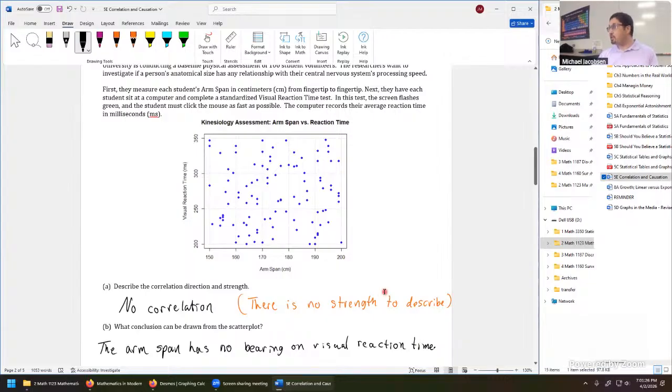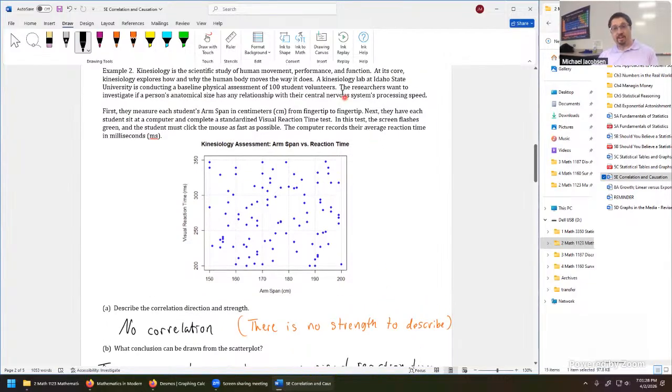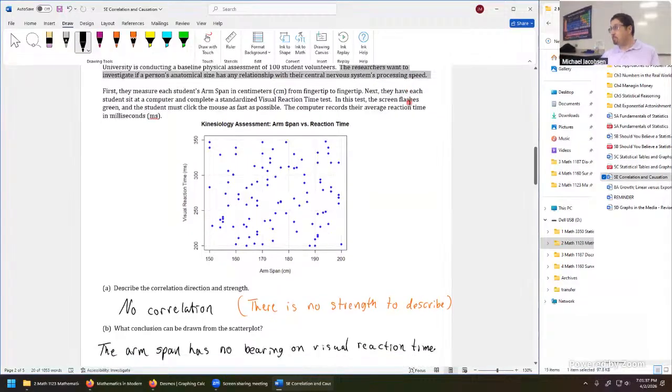If you want to say more, you could go back to what their original apparent hypothesis was. They want to investigate if anatomical size has any relationship at all with processing speed.